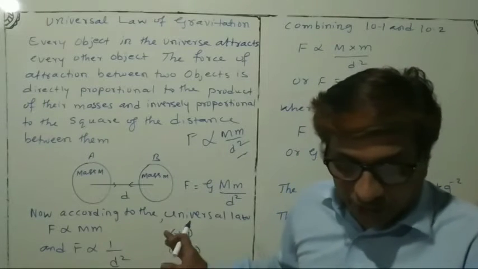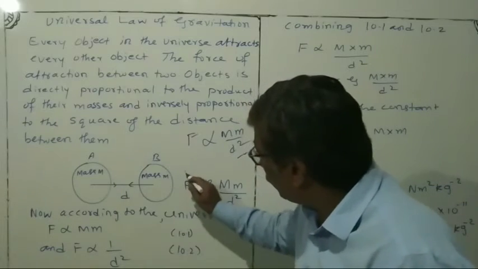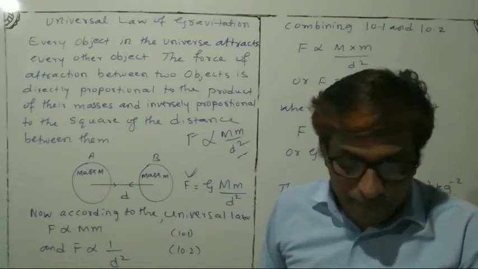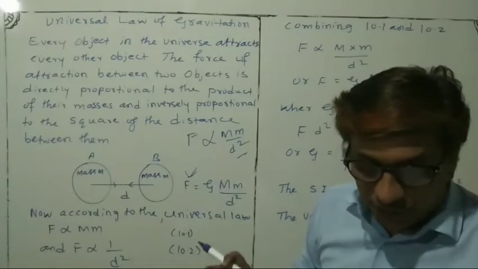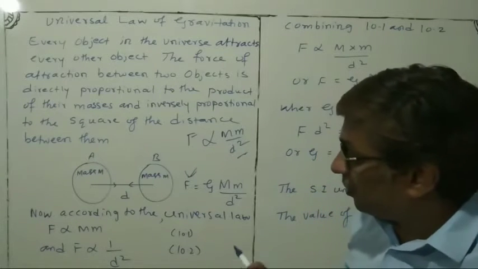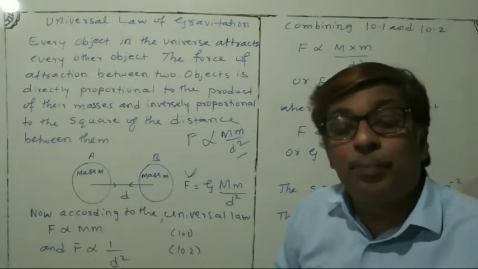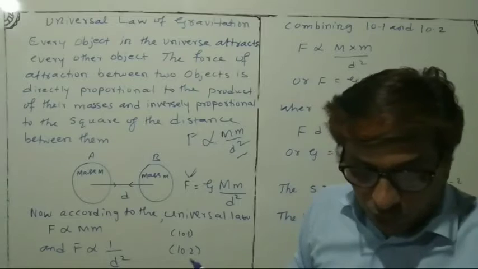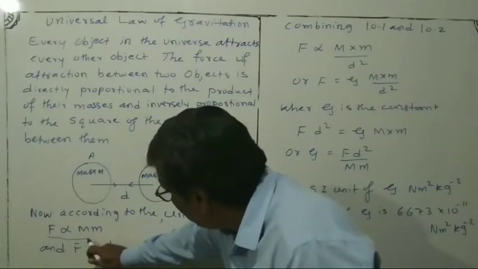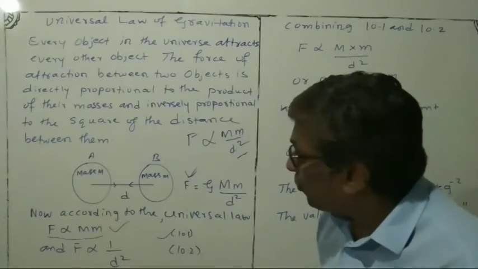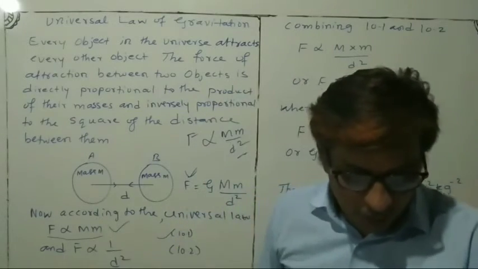Let the force of attraction between the two objects be F. According to the universal law of gravitation, the force between the two objects is directly proportional to the product of their masses, capital M and small m. This is the first equation.